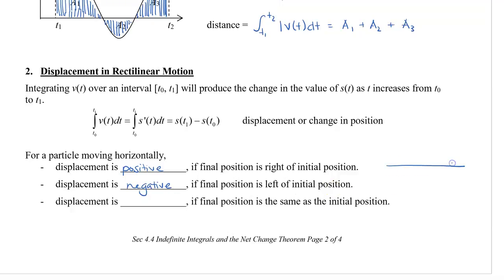So if we draw a diagram, this would be our t1, and then this would be our t2. In the second diagram, we would have t1 here, and then the time t2 would be to the left. So we're talking not about t2 going to the right, but where we would end up. And third, displacement is 0 if the final position is the same as the initial position.